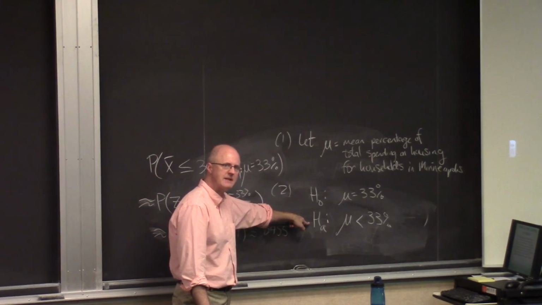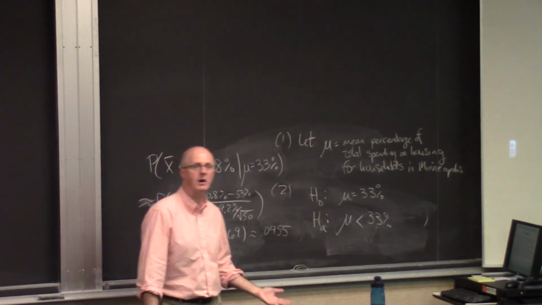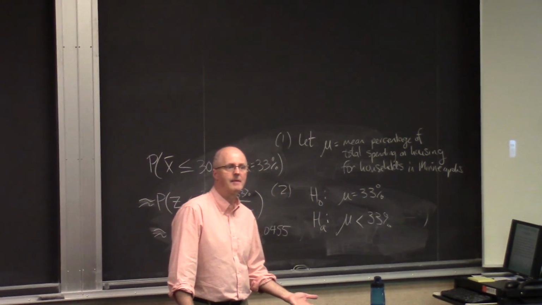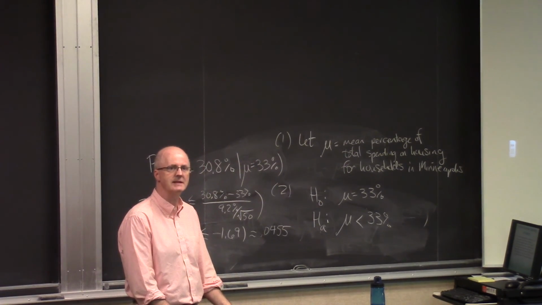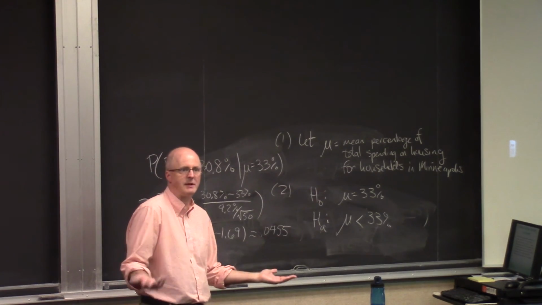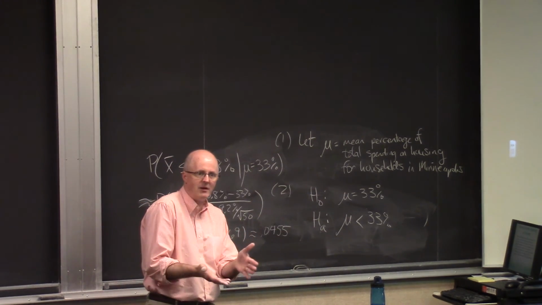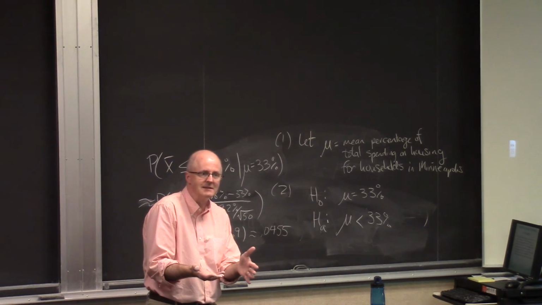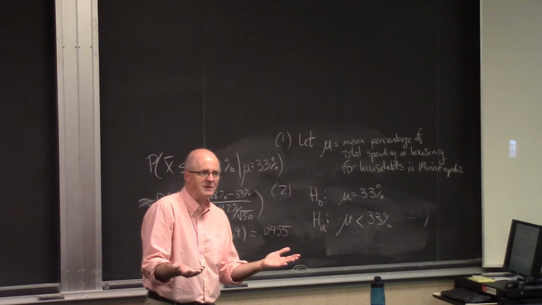It's pretty strong evidence. It's not as strong as it could be if it were less than 1%. It's pretty strong evidence against the null, and most people typically say, if they have no other idea of what to pick for a standard of smallness, they commonly pick 5%.